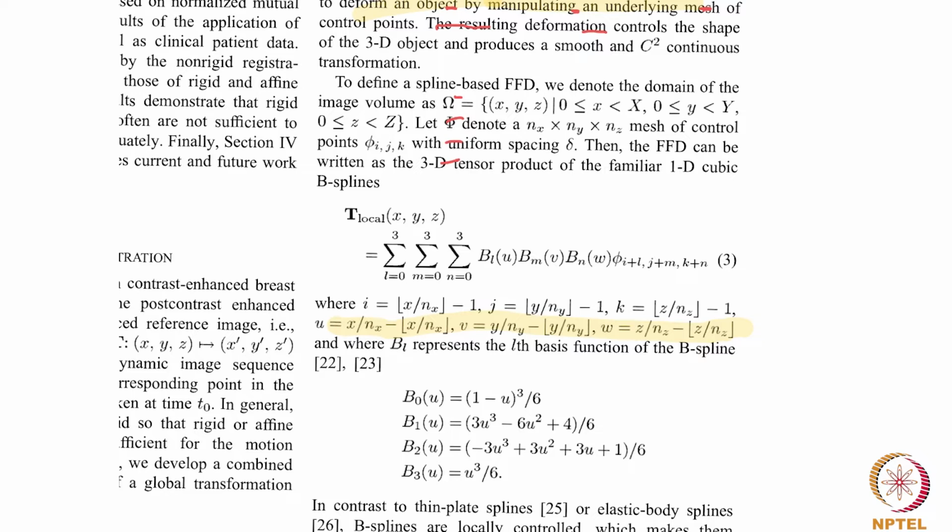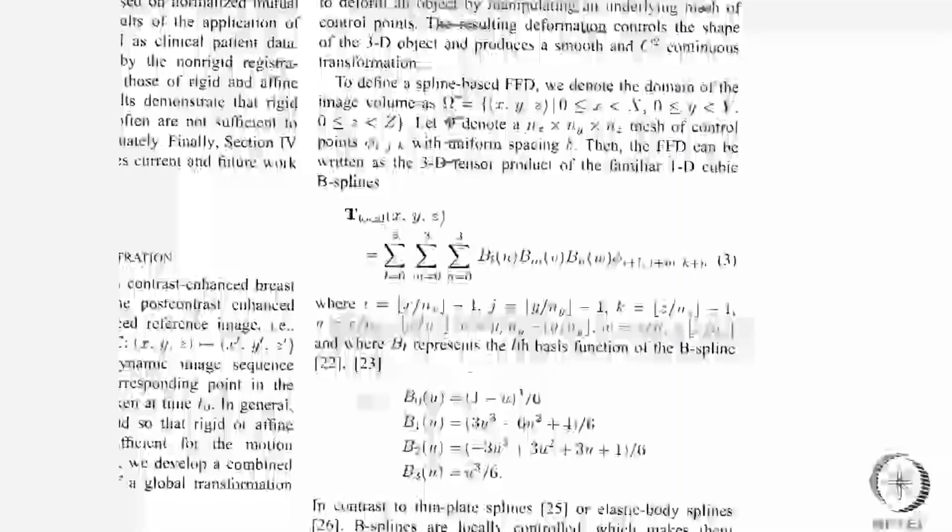Those control point estimates will be used to weight the value of the deformation at different locations, and you need the cubic B-splines to actually do the weighting. So that's the overall idea as far as using the cubic B-splines is concerned.